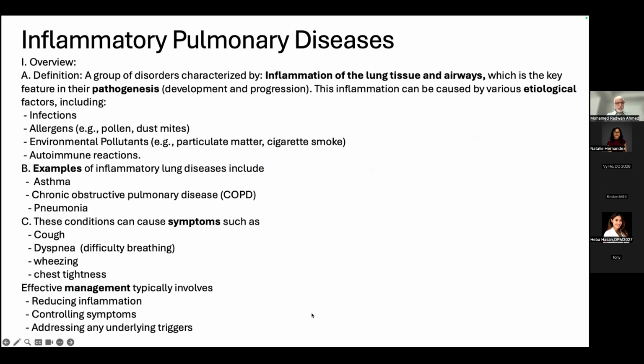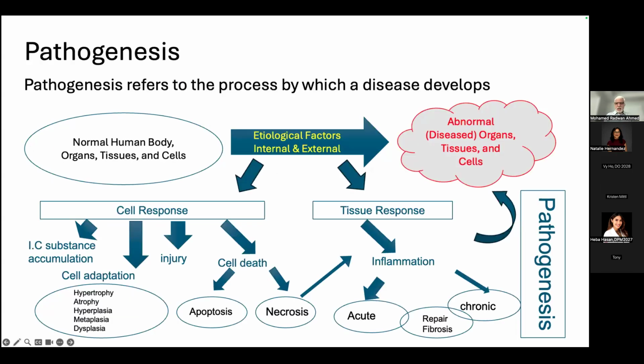So let's go back. You remember this slide from the pathogenesis? You see the mechanism of diseases. Inflammation is a big part of it, right? So we have the normal human body and organs.